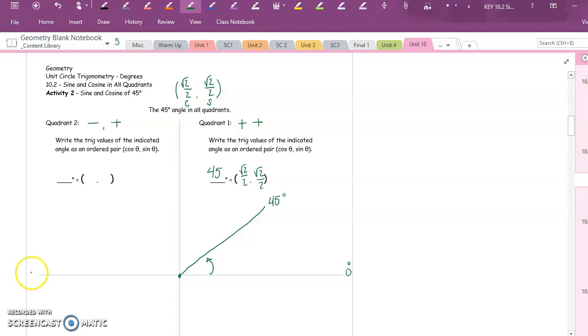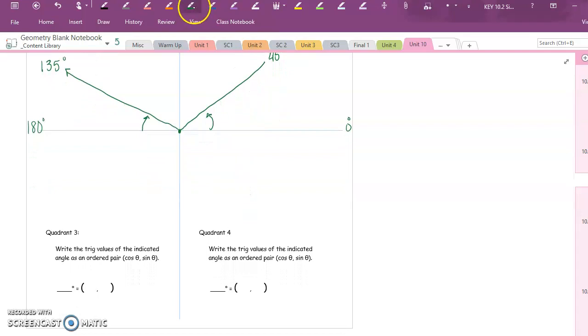So for 45 degrees, in order to figure out the measure of the angle in this quadrant, I'm going to go from 180 back 45 degrees. So 180 minus 45, we're at 135 degrees. So 135 is my degree that references my 45-degree angle. So it has the same ordered pair of root 2 over 2, comma, root 2 over 2, except it's going to be negative, positive.